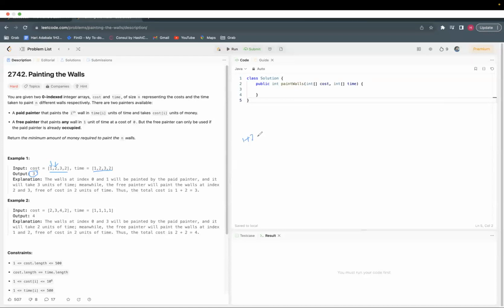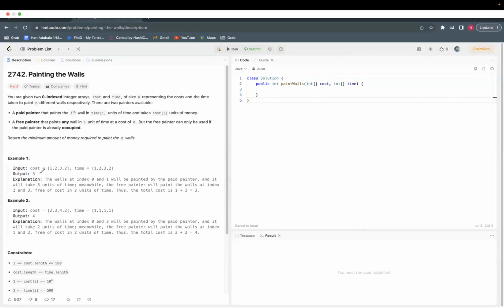While he's painting the first wall, it'll take 1 unit of time, so in this time the free painter will paint this wall. And when he's at the second wall, he'll take 2 units of time, and while he paints this, the free painter can paint this wall. Then it will become 3.